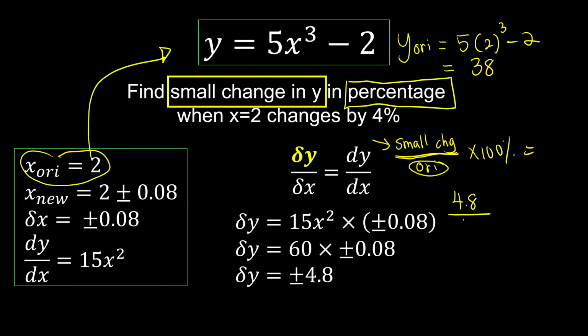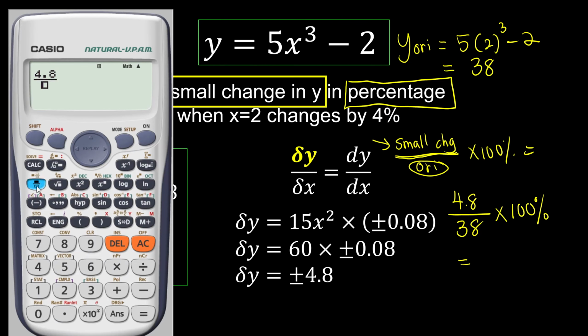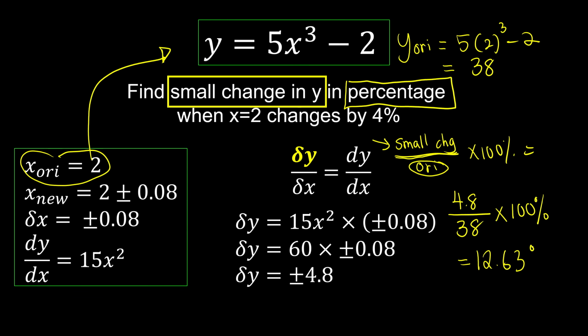So now I know my original is 38, times 100%. You just need to substitute into the calculator, and you're supposed to get the answer of 12.63%.